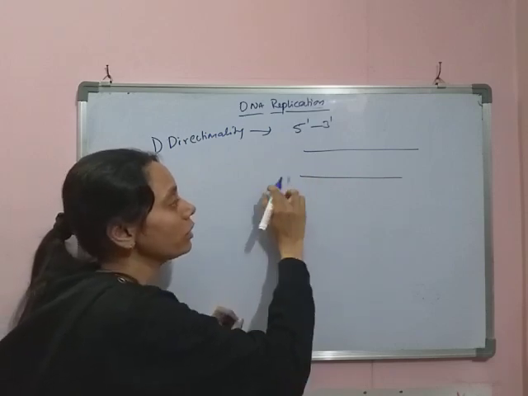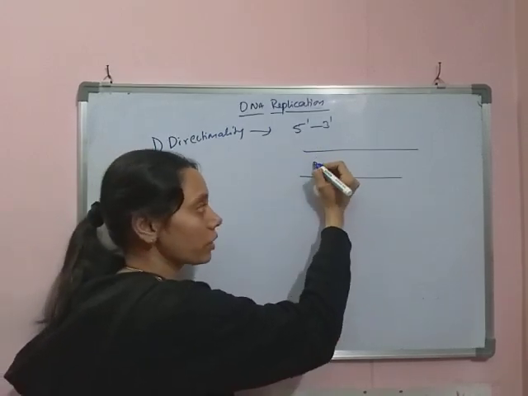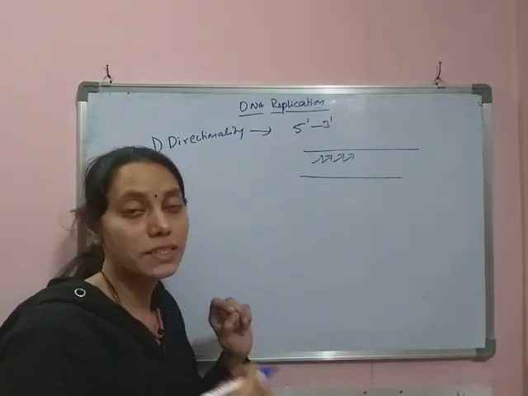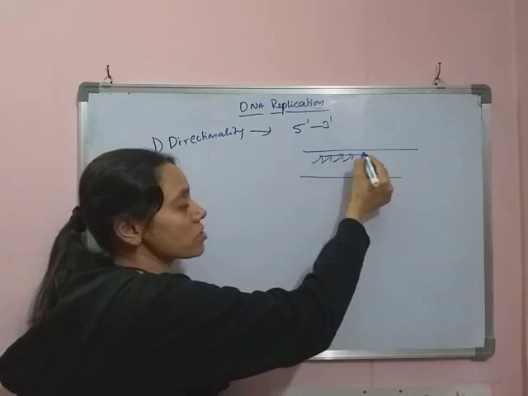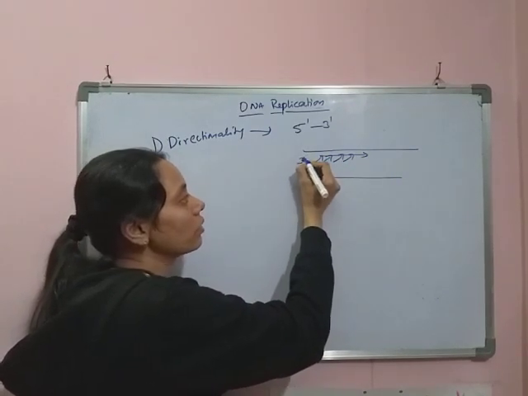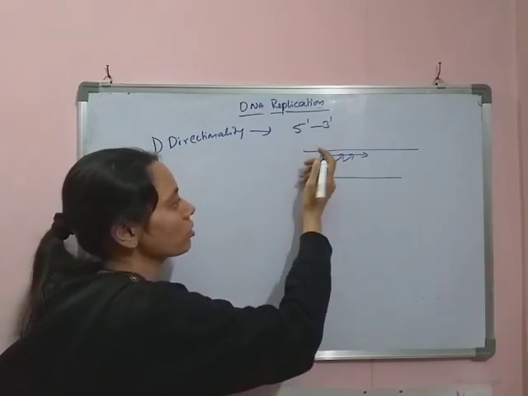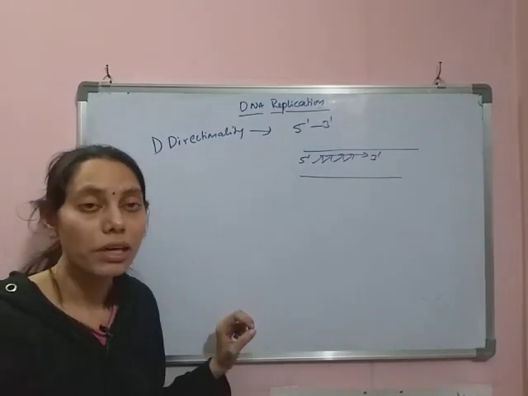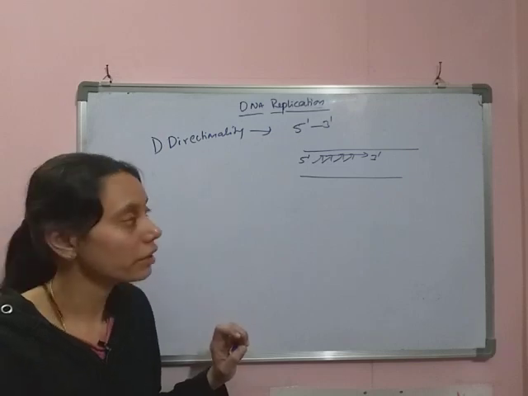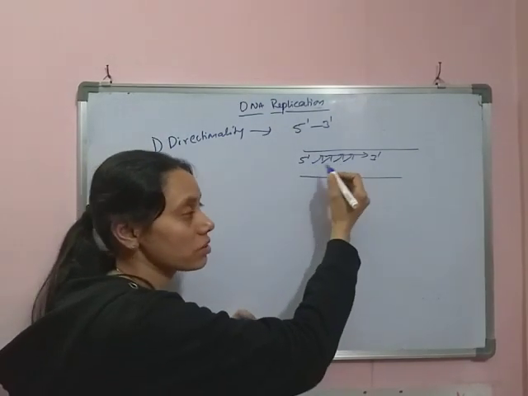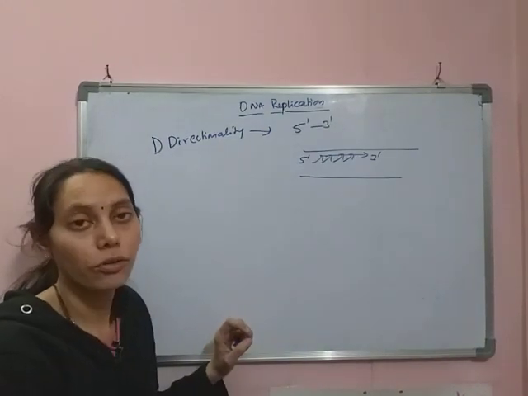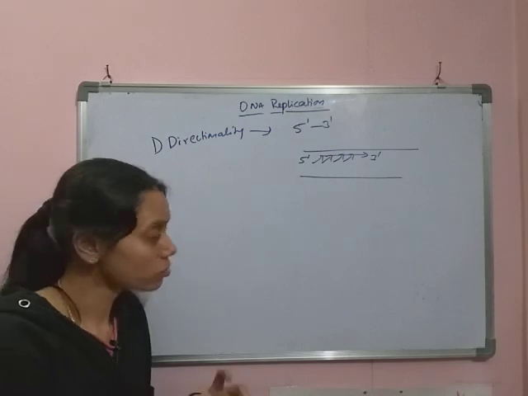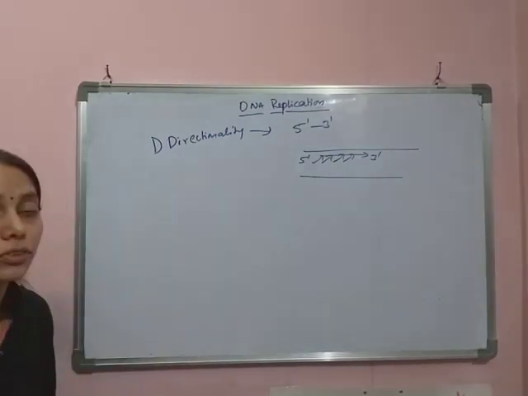Newly added nucleotides grow the newly synthesizing, complementary strand, but only in a single direction, the 5' to 3' direction. So whenever DNA replication is carried out, the addition of nucleotides in the growing chain will be in the 5' to 3' direction. That is the directionality of DNA replication.